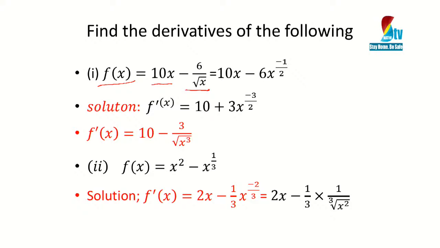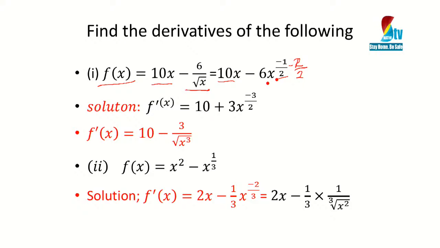So which is going to be 10x minus 6x raised to the power negative half. And then we differentiate, we are going to get 10 plus, because it's negative a half, times 6, plus 3x raised to the power, so when we subtract 1 here, it's going to be minus 1 over 2 minus 1, which is the same as minus 2 over 2 when we are writing it to the same base.